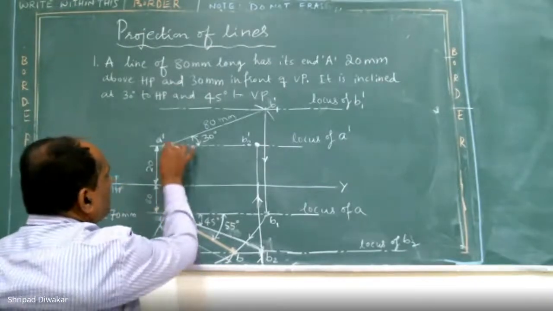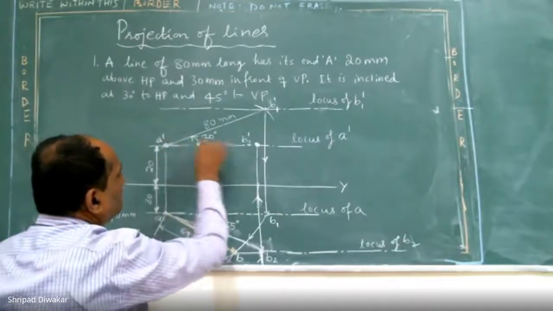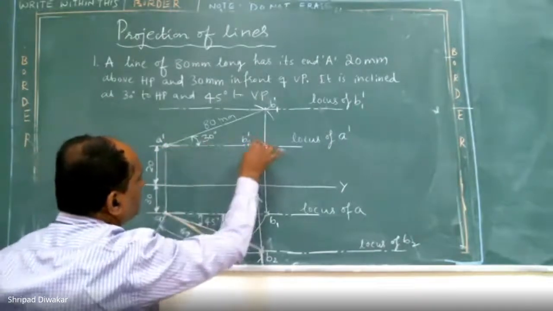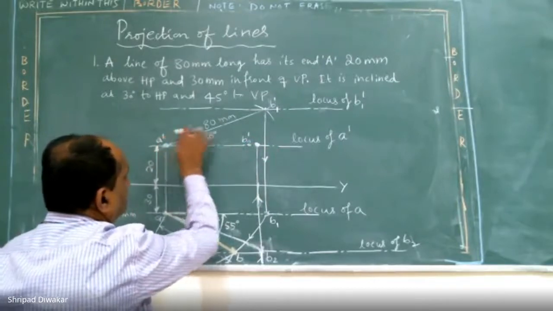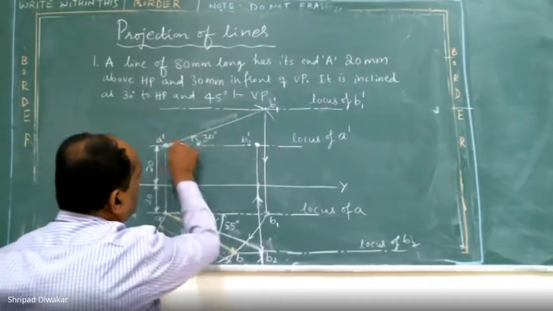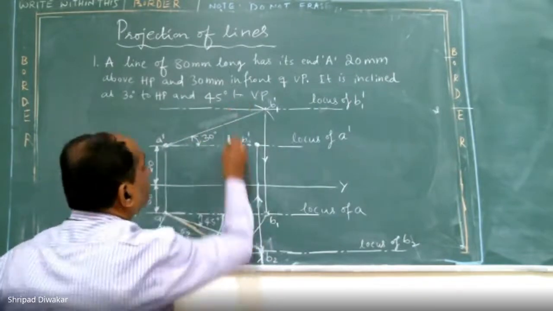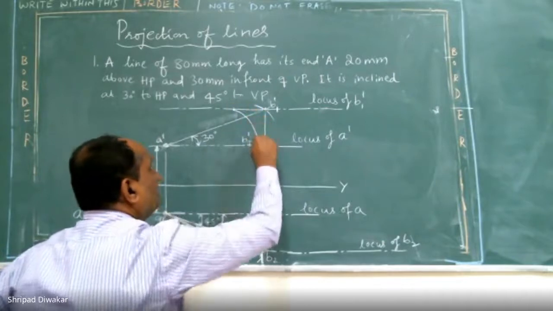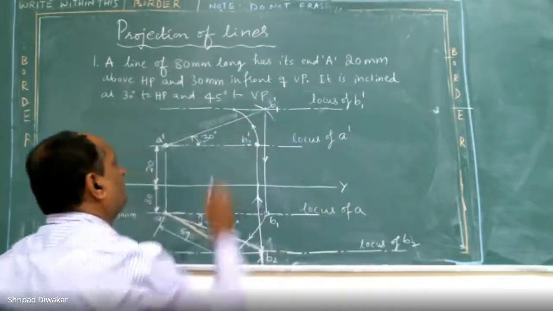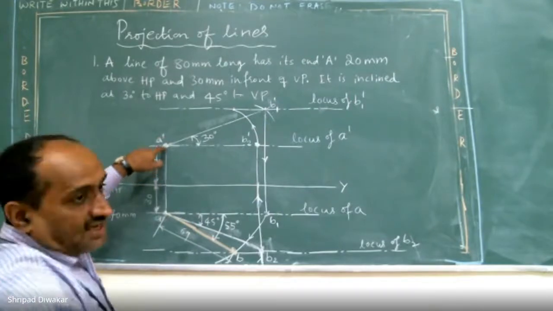Take A dash as center with your compass, A dash B2 dash as radius. This radius. A dash, you remember, A dash as center. Okay, A dash B2 dash as your radius. Cut the arc in forward direction, like this, in this direction.